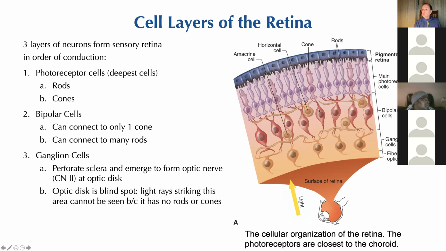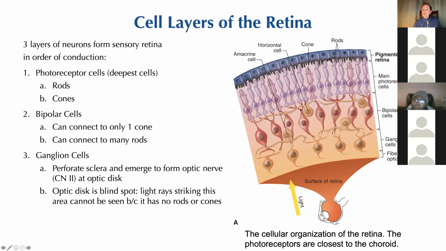They only connect one-on-one to each cone, because as you will find out, the cones are the ones for our sharp, clear vision. But you can see a bipolar cell will make connections with many rods. Rods are more for generalized vision and vision in dim light.